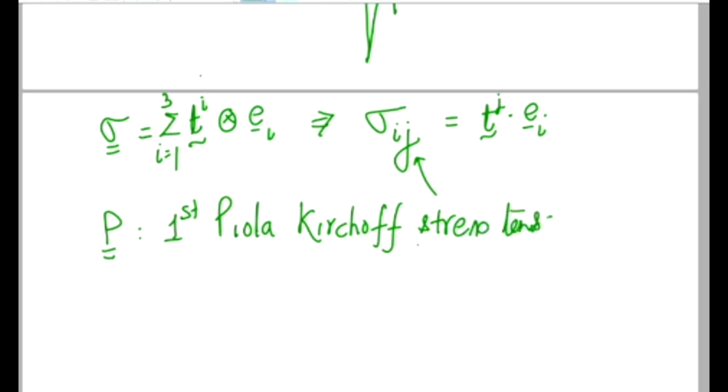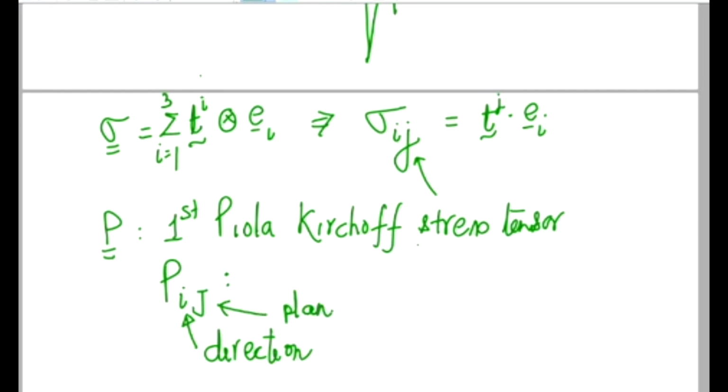And there you will actually see that in all the books, the components of the Piola-Kirchhoff stress tensor, if we denote by P, small i, superscript, and J, then indeed the first component here, the first subscript i, that indeed denotes the direction, and the second one denotes the plane normal, which is what we have done in this course also.